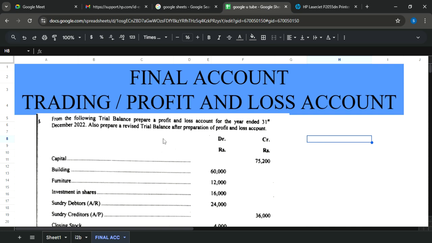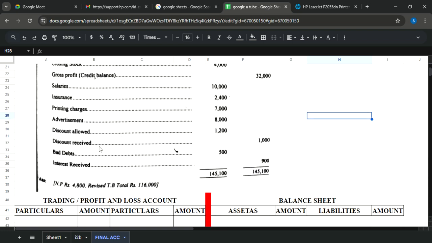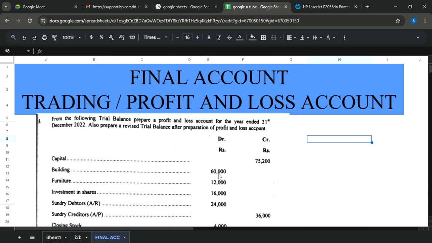The very first thing which you will notice is the trial balance. And how would we know? If the total of both sides, the total of credit and the total of debit side, are given, this would be a trial balance. It would be a little easier for us to solve the question through the trial balance.